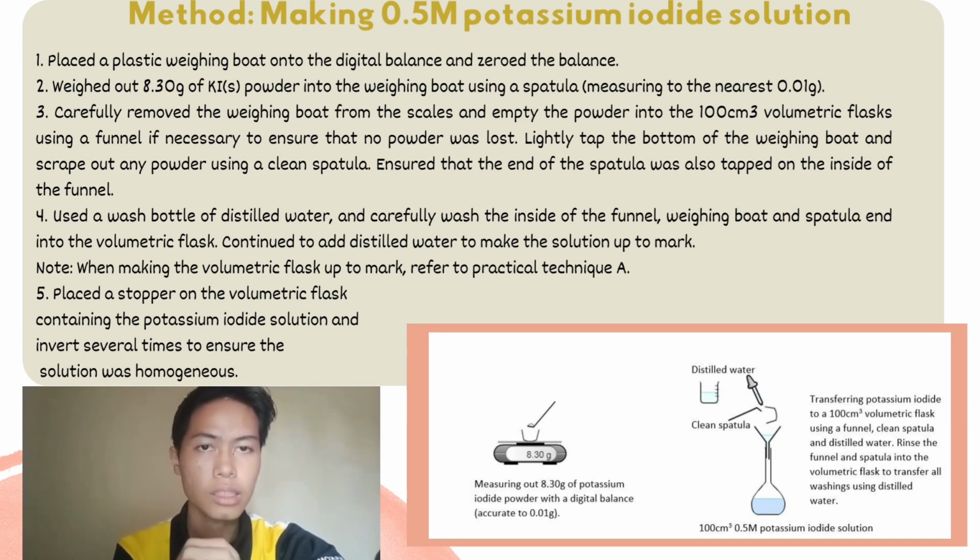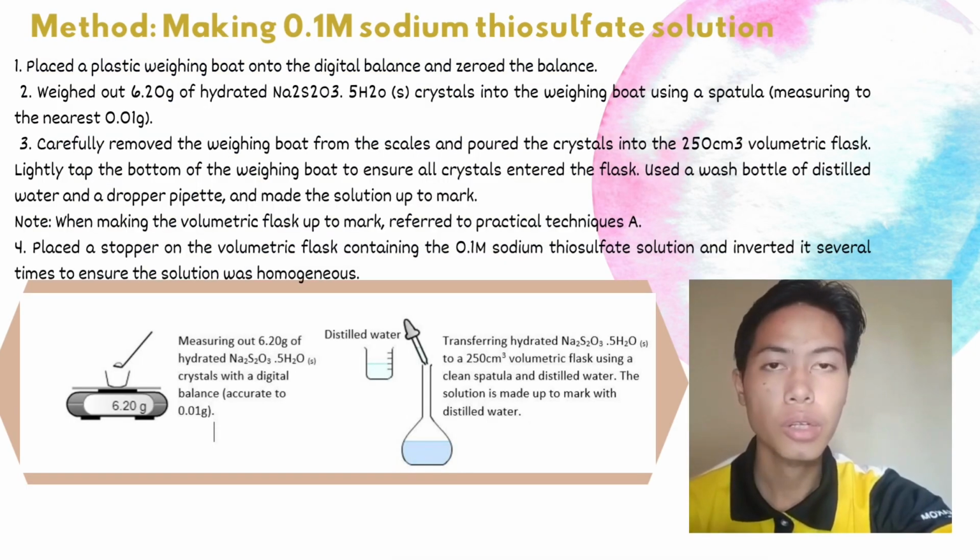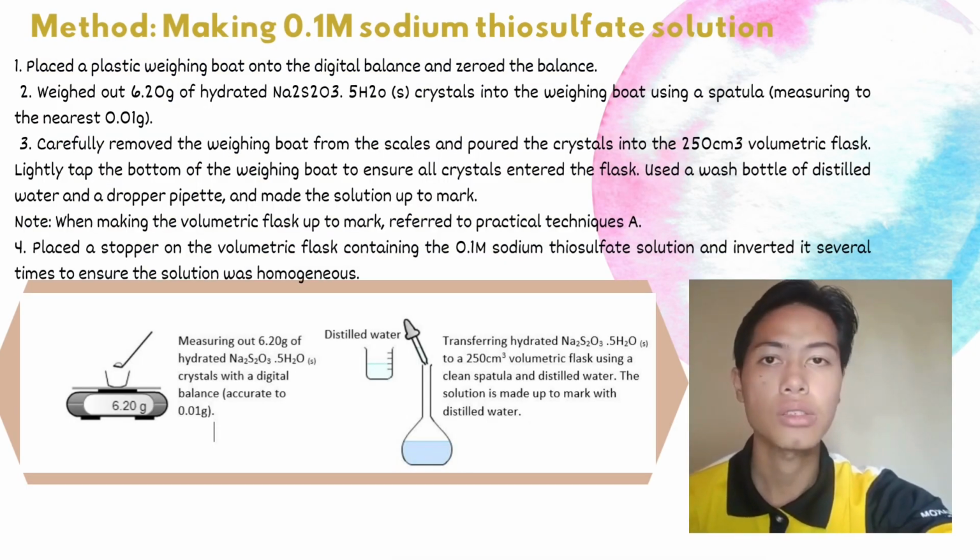Continue to add distilled water to make the solution up to the mark. Place a stopper on the volumetric flask containing the potassium iodide solution and invert several times to ensure the solution is homogeneous.